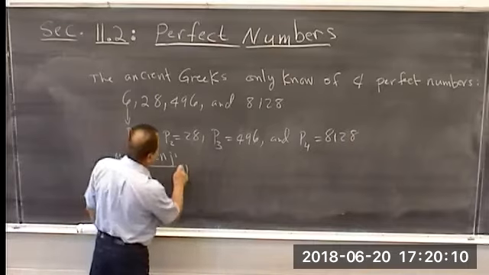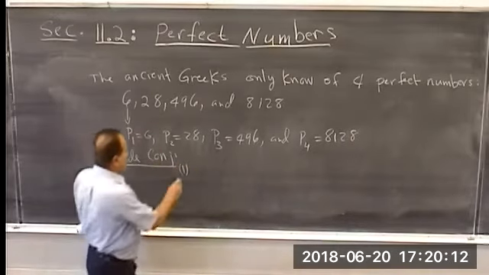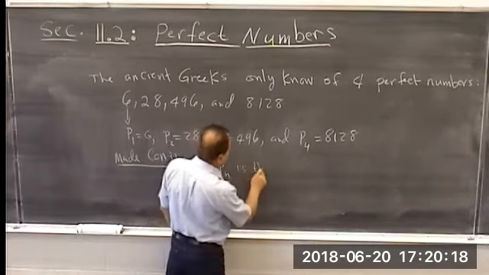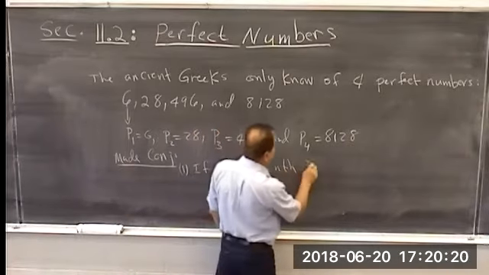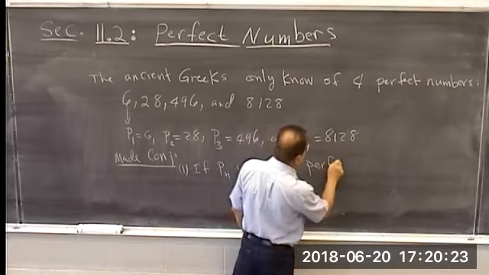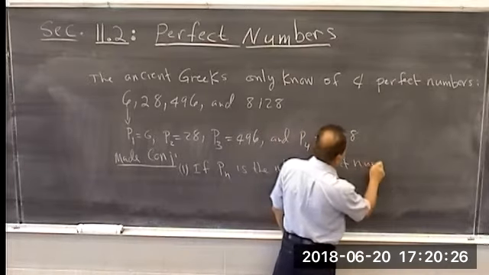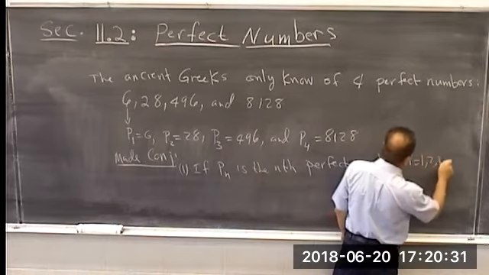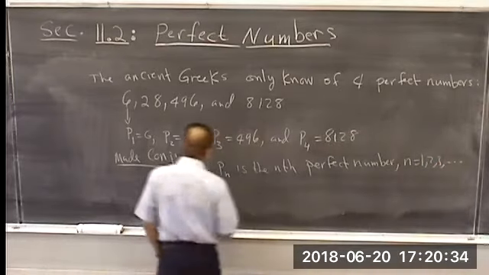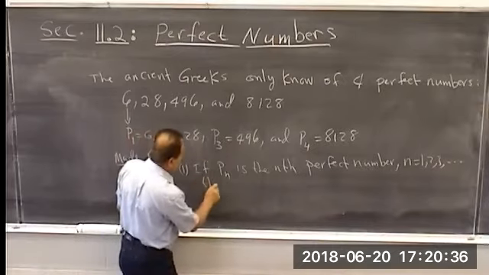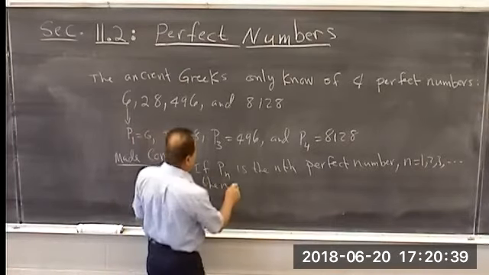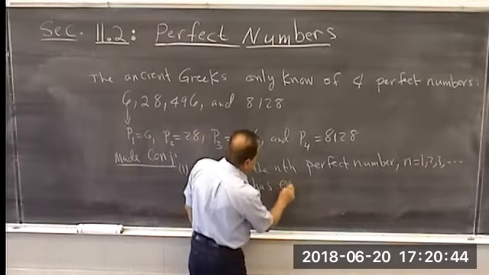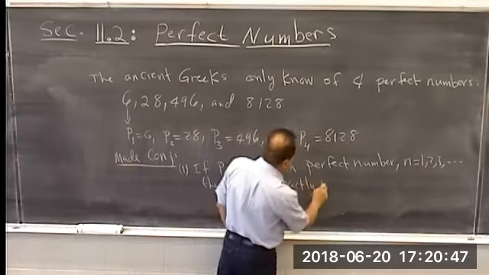The first one: if P sub n is the nth perfect number, n equal 1, 2, 3, and so on, then they conjectured that P sub n has exactly n digits.